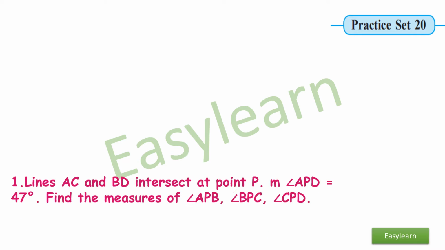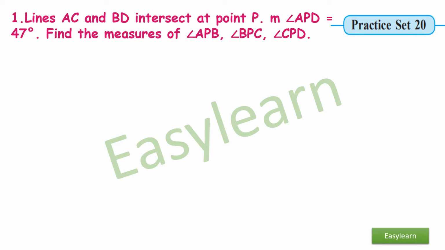Practice set 20. Lines AC and BD intersect at point P. Measure angle APD is equal to 47. Find the measure of angle APB, that is this angle, and BPC, that is this angle, and the measures of these angles.